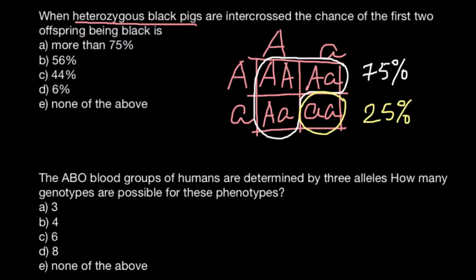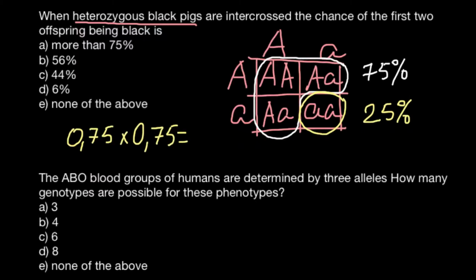Or we also can say that this is going to be 0.75. And the chance that the second progeny would be also black has the same probability, so this is going to be once again 0.75.